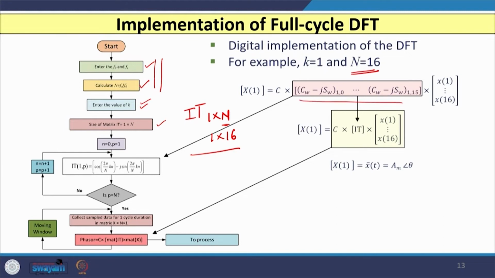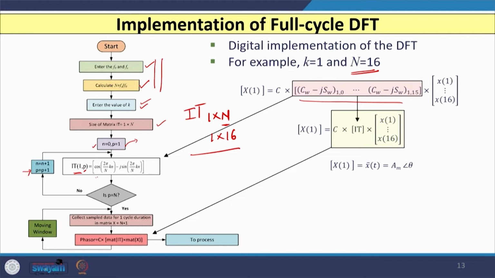So, for that I have to initialize the sample number n, that is 0, and I have taken another variable, let us say p, that starts from 1, and then I put the matrix IT at 1 comma p. So, p is going to vary, initially it is 1 and then it increases to the next value, that is p is equal to p plus 1.